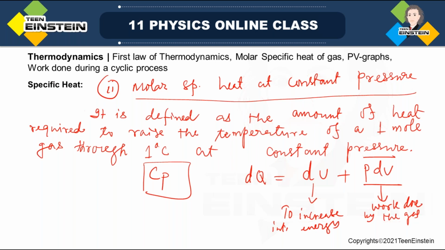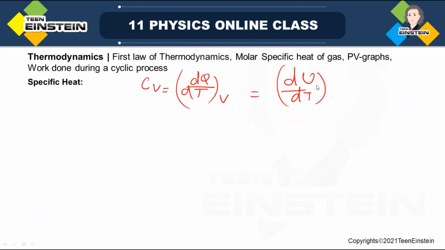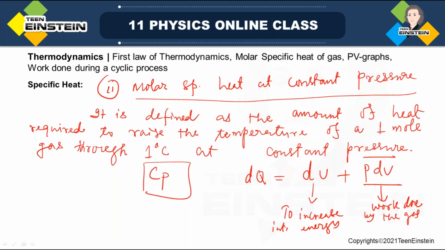So here you have something. The amount of heat absorbed by the system is actually doing two things. One is this du. Earlier also it was there. du was already intact, and additional here is p dv. That's why Cp can be written as du by dt at constant pressure plus p dv by dt at constant pressure.